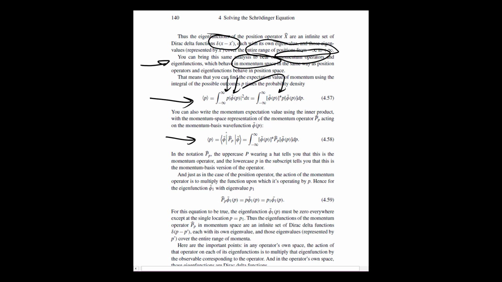And we can say, but that also must equal this expression, in which case the p hat operator with the subscript p tells you that this is a momentum operator. That's what the p wearing the hat is. And the lowercase p in the subscript says this is the momentum basis version of that operator. So that is what's going to operate on momentum functions.